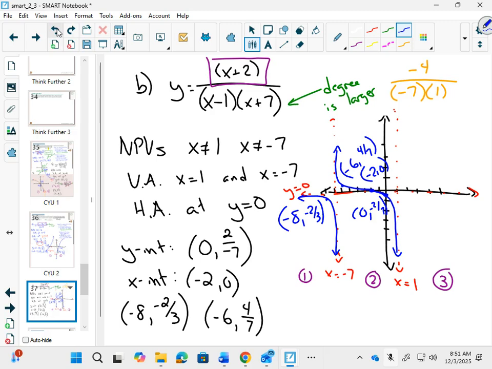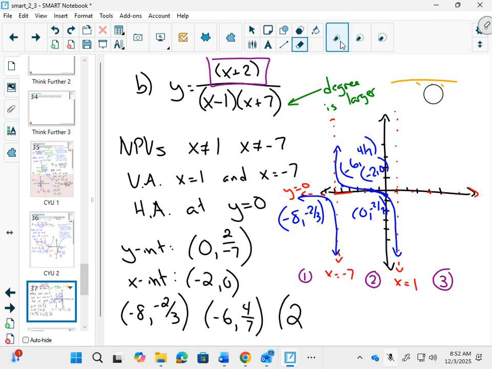And still we have no points in section 3, so I would pick an x value of 2, something just to the right. And I'll take out my orange pen again. And if I plugged in 2, the top would be 4. 2 minus 1 is 1. 2 plus 7 is 9.